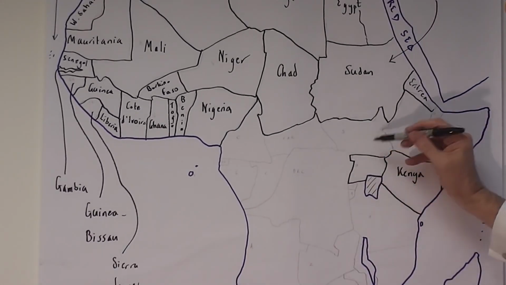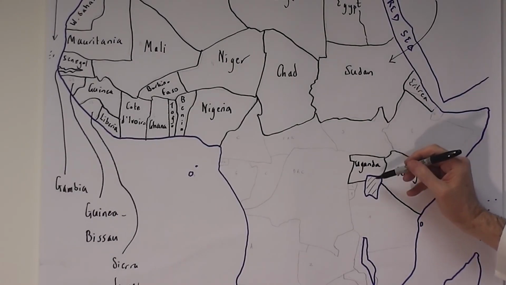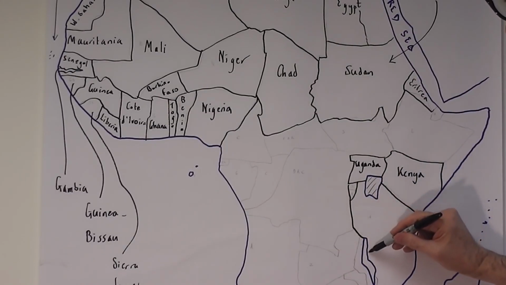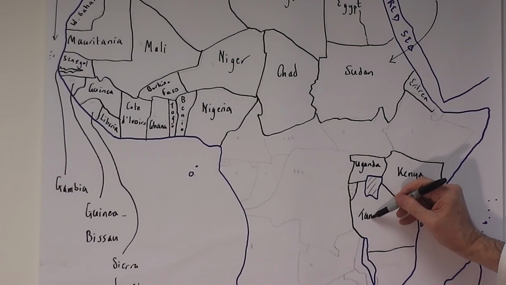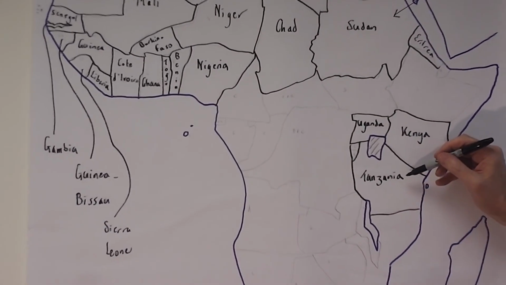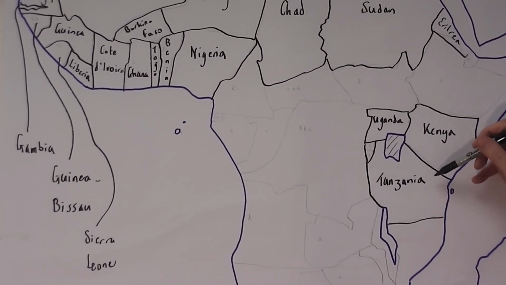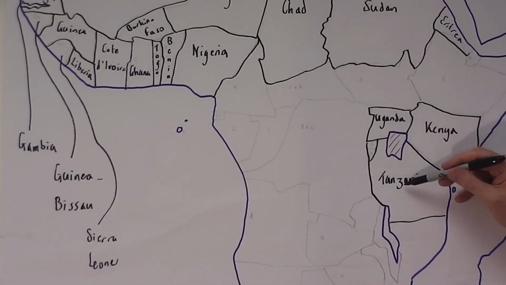And then next door to Kenya is Uganda, and south of the lake is Tanzania, a country which used to be called Tanganyika and was a merger between Tanganyika and Zanzibar, which is this little island here, to create the country of Tanzania.